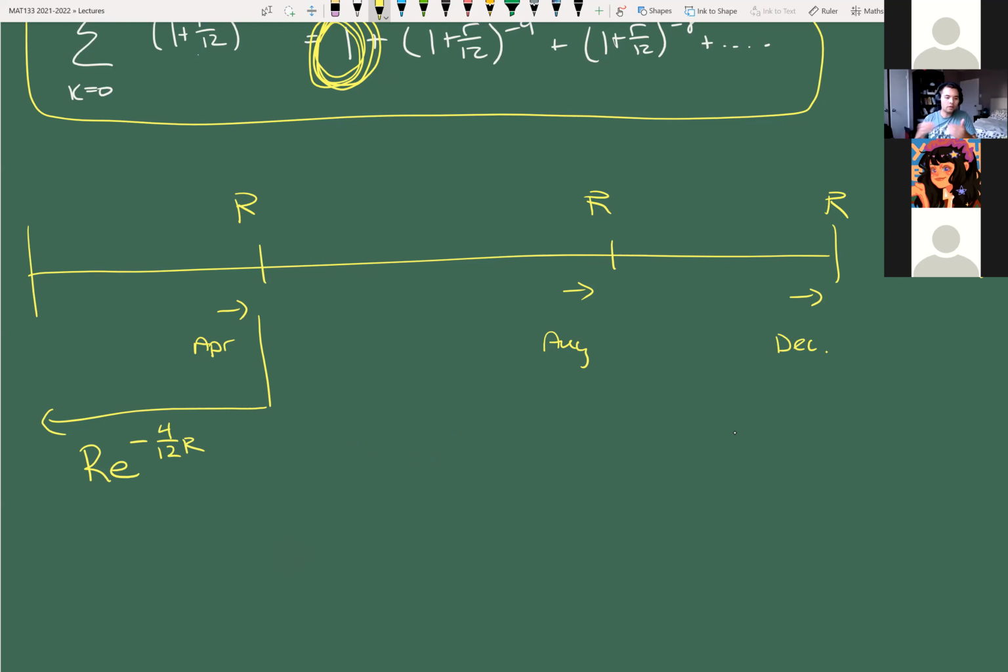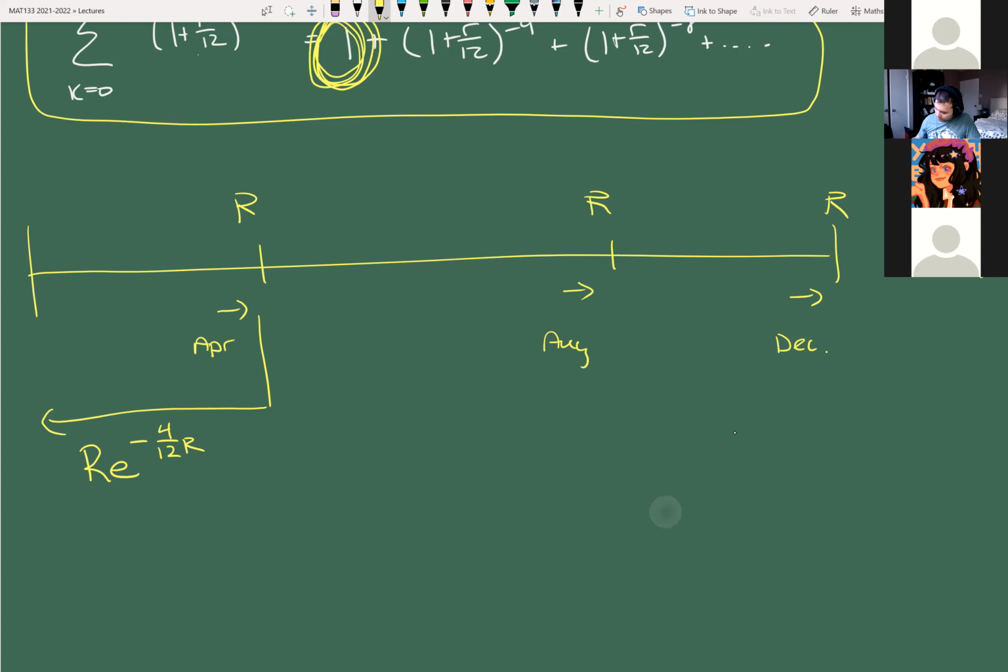You can simplify that if you want, but I think it's going to make more sense to leave it as 4/12, and you'll see why in a second. Is everyone okay with that? Because if we get that, the rest we can probably do. We'll use sigma notation too, because we do have multiple payments. The moment you have multiple payments, sigma notation is the right thing to do.